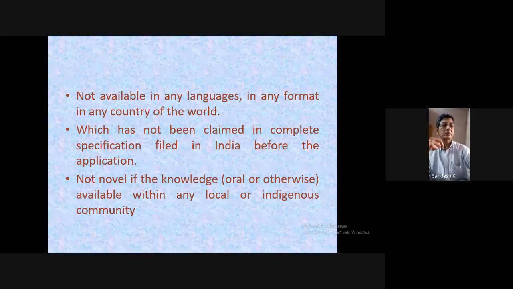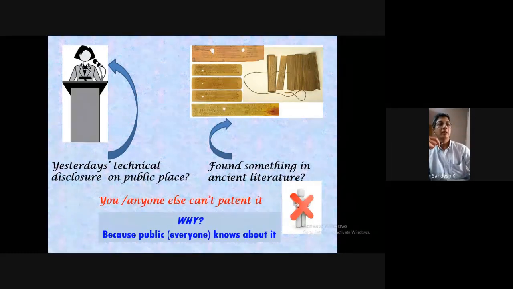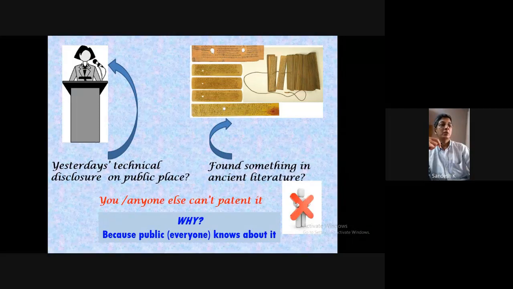Okay. Somebody has done an invention and is very curious, and has done a presentation of the invention, and tomorrow wants to go to the patent office and file. No, it is not possible, because though it is your invention and it is novel, public disclosure is not allowed.